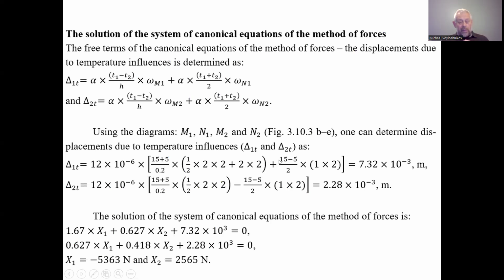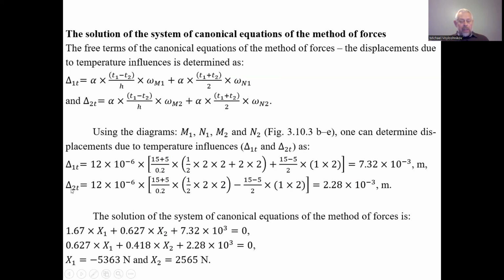So actually we have 15 plus the negative temperature, so we have minus 5 degrees Celsius. And this is the area of the diagram of the longitudinal forces and the action of the unit force in the force direction. So for the free summand, according to the indicated formula, after calculation we have 7.32 multiplied by 10 to the power minus 3.